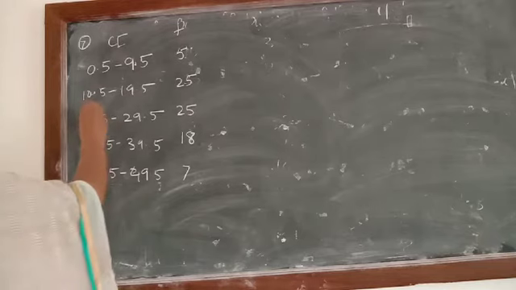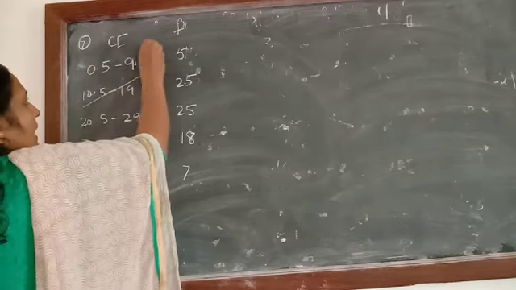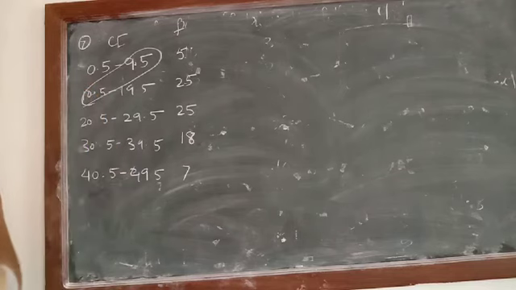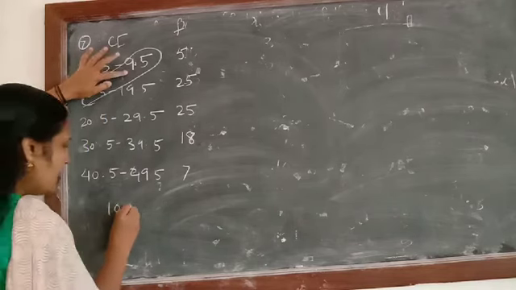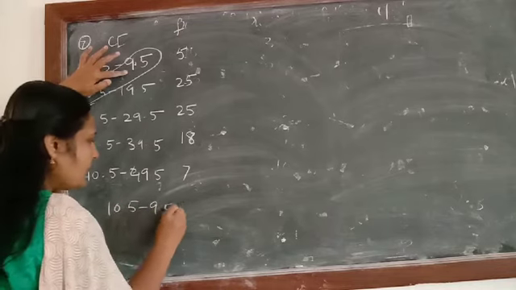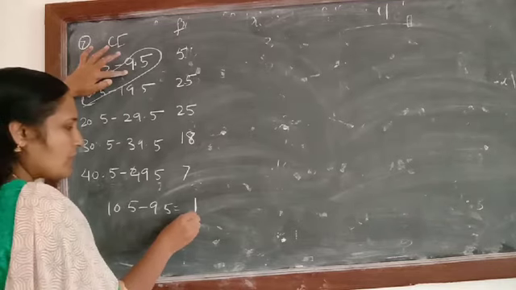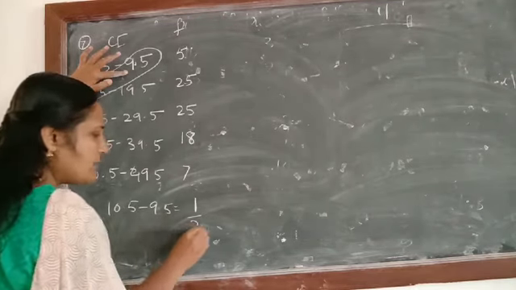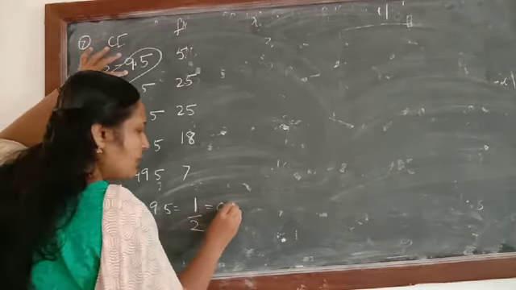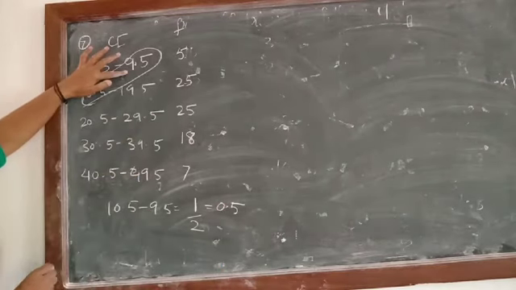Yes, we find the difference between the upper limit of the first and the lower limit of the second. Just to check, 10.5 minus 9.5. How much difference is there? A difference of 1. Then whatever difference comes, we divide it by 2. So we get 1 by 2 is equal to 0.5.